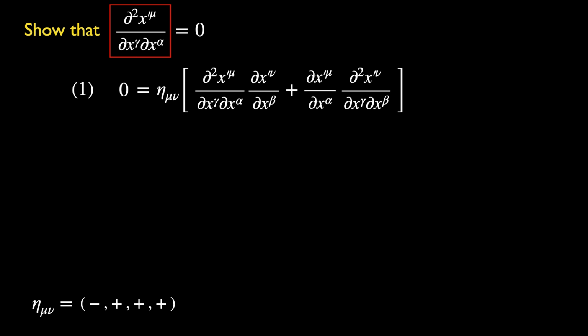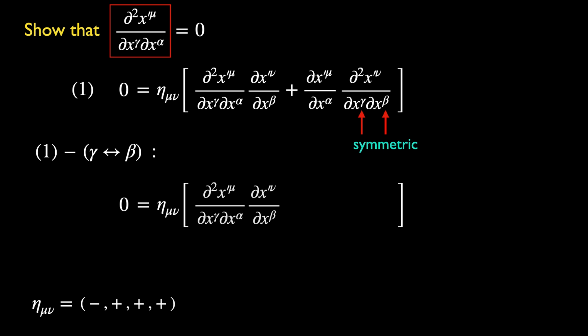Notice that the second term is symmetric with respect to the indices gamma and beta due to the properties of partial derivatives. We might be able to remove this term by subtracting from equation 1 another equation with the indices gamma and beta switched. This gives equation 2.